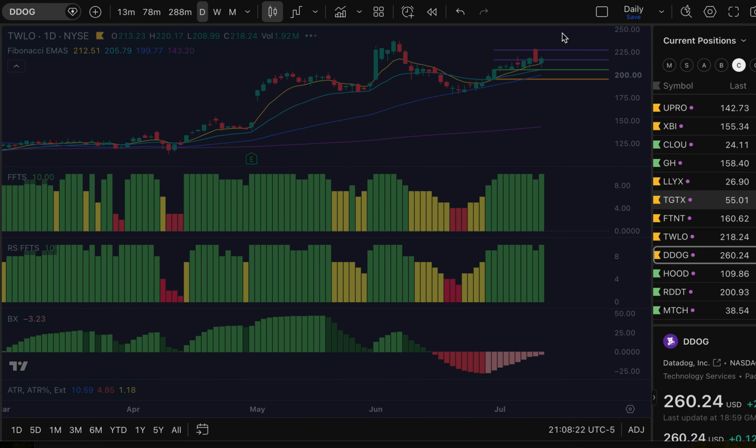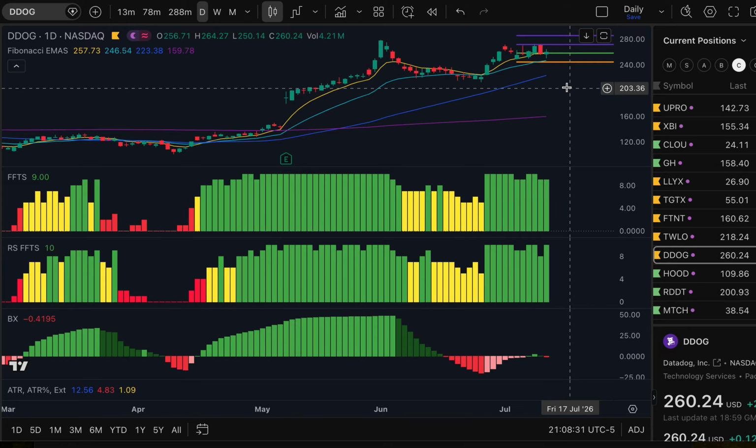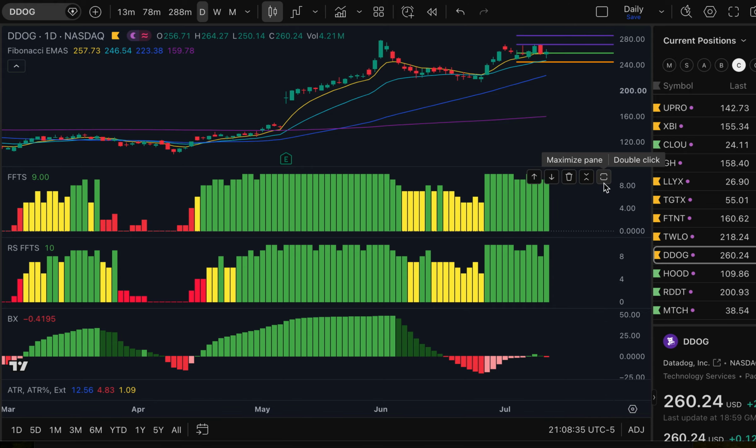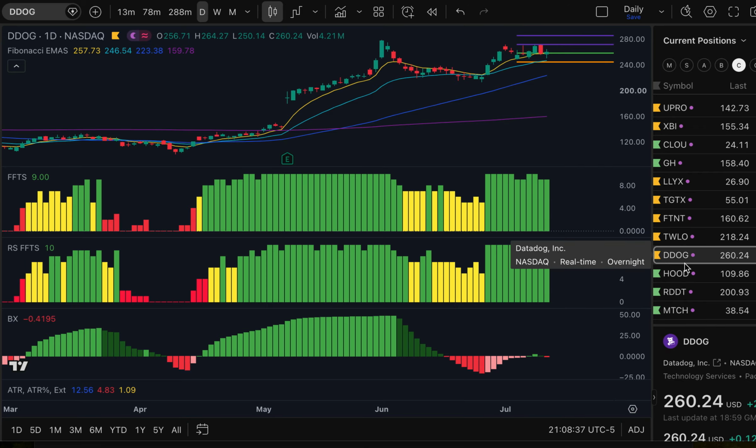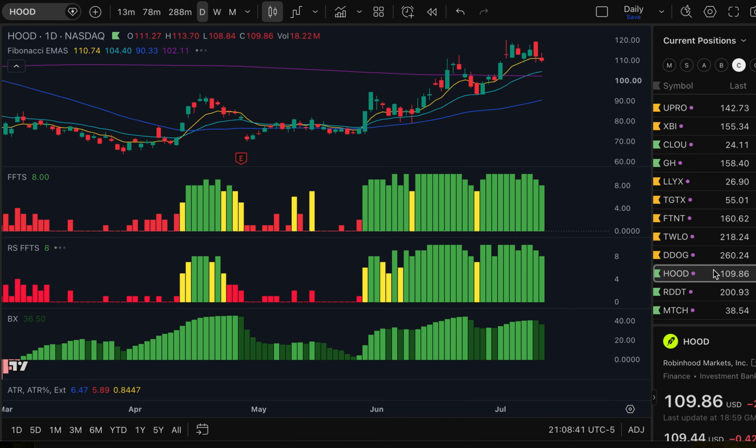So I'm pretty heavy in the cloud computing space. I have the CLOU ETF, Twilio, and Datadog. And let me show some of my other positions. This is Robinhood, HOOD.